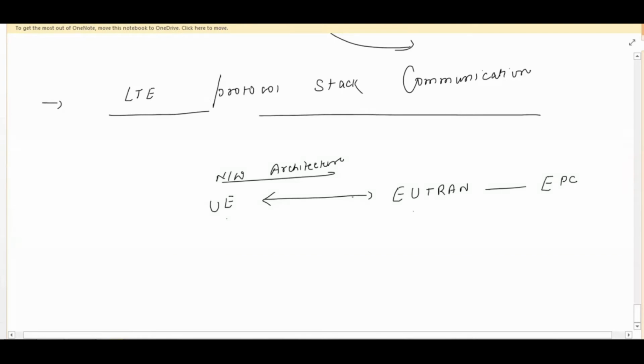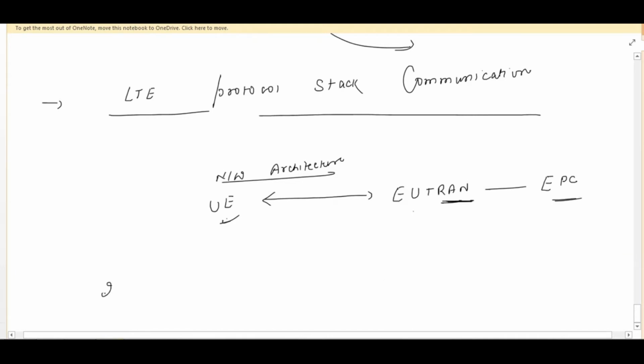Now I'm coming to the LTE architecture. Here we'll discuss the LTE frame and all these things. In earlier communication systems, 2G or 3G, and now even 5G, your mobile has to communicate with the RAN, and the RAN will communicate with the core network.